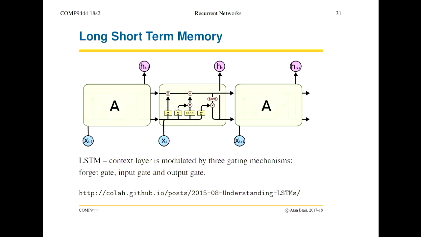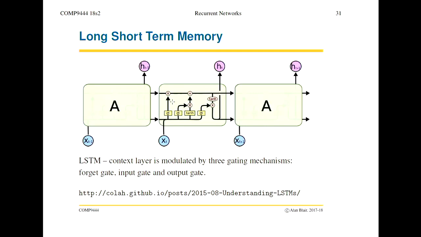Then this one here is called the input gate. So the tanh is going to be applied here to give you a new set of values. But instead of just this new set of values replacing the old ones, we're going to take a linear combination here. The output of this sigma is telling you how much of the new value to add in there.